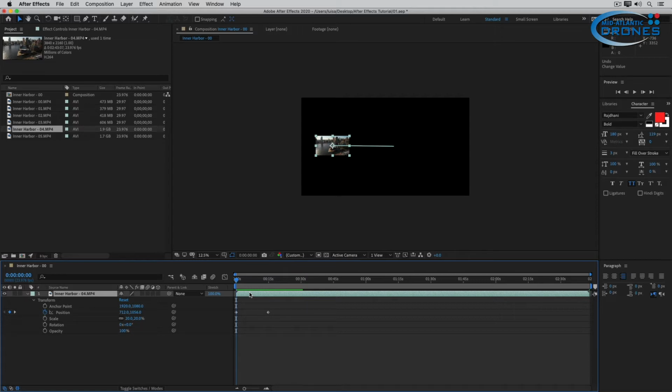But if they are showing, then these keyboard shortcuts work. K will take my playhead to the next keyframe, and J will take my playhead to the previous keyframe. So K, J, K, J. And this ensures that my playhead is on top of that specific keyframe and not just one frame before or one frame after.